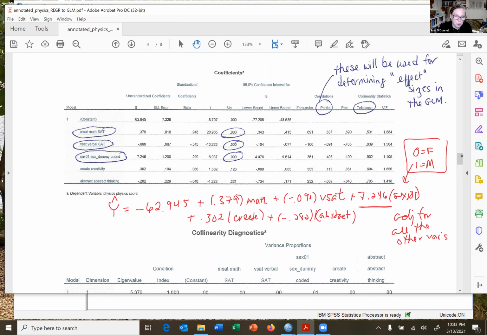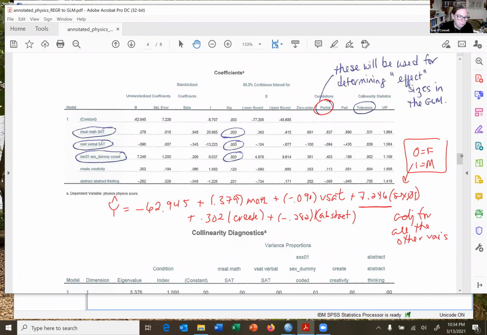Now, some other things we want to remind ourselves of for the regression analysis is the tolerance. They all look really quite good. And also the column that says partial. Remember that partial refers to the variance. When we square it, it's referring to the remaining variance in the dependent variable that's explained by that particular variable.